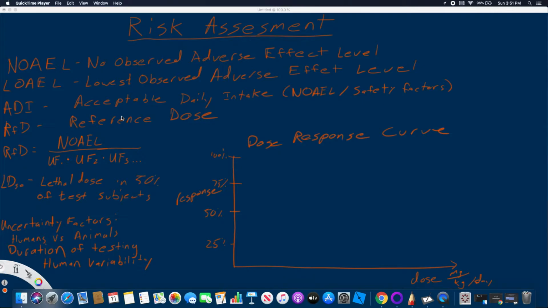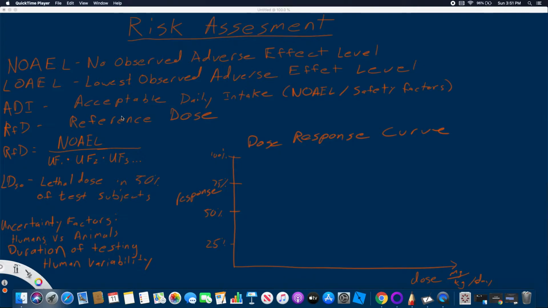But we don't know how those exactly translate, right? So if we wanted to protect people as best as we're able, we need to include that uncertainty into our factors when we're talking about translating animal studies to humans.